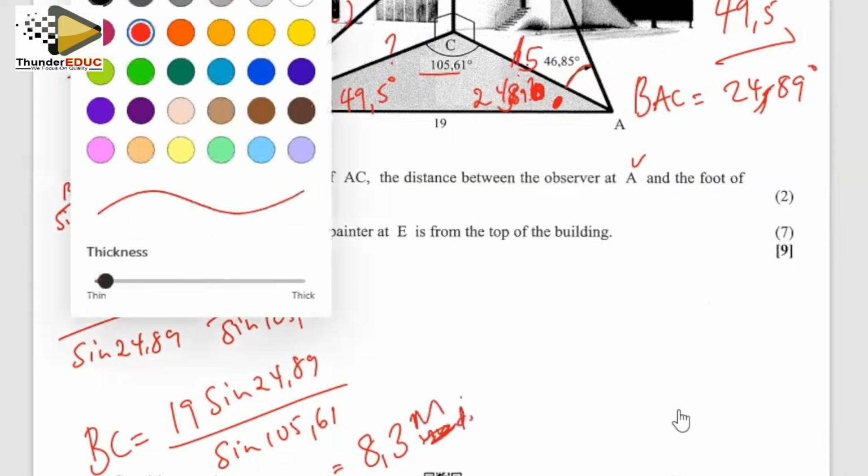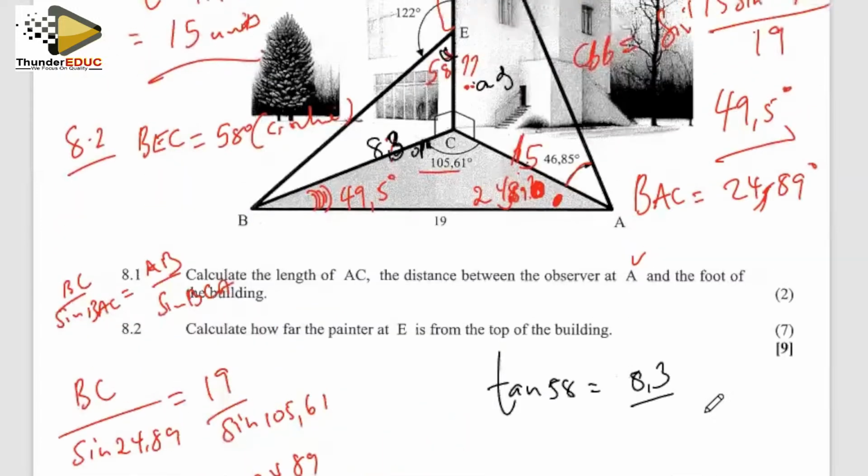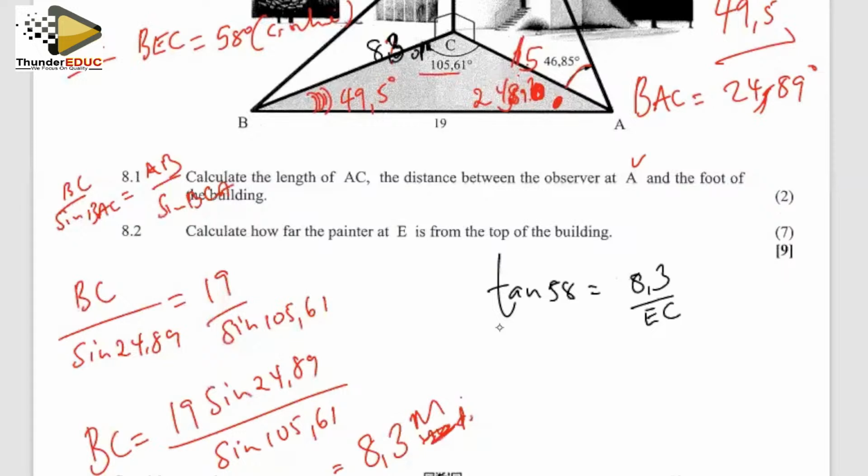So if that is 8,3, then we can use this angle and then the tan. Is it tan? Yes, because this is now the adjacent and this is the opposite of 58. So the tan of 58 is equal to the opposite, which is 8,3, over EC. Let's look for EC alone. EC is going to be 8,3 over the tan of 58.